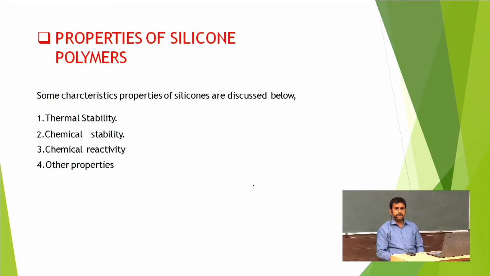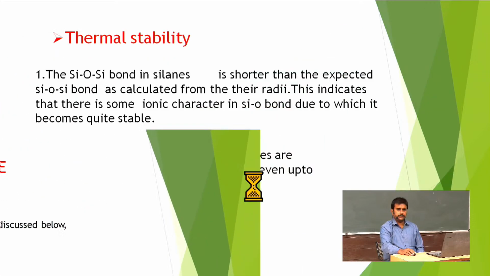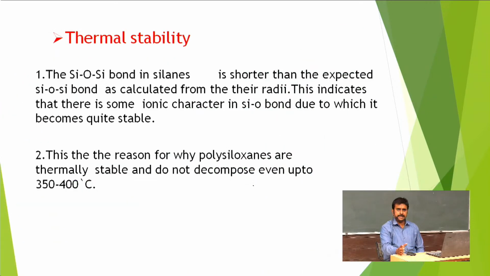Now there are different properties of silicones. It has thermal stability, chemical stability, chemical reactivity, and other properties. We'll go through them. The silicon-oxygen-silicon bond in siloxanes is very much shorter, as calculated from their radii. So this indicates there is some ionic character in the silicon-oxygen bond, due to which it becomes very stable.